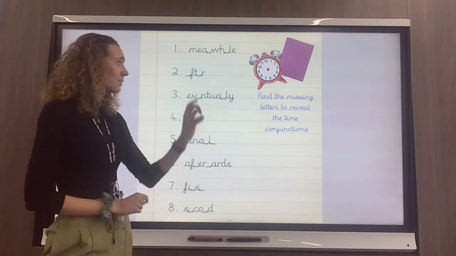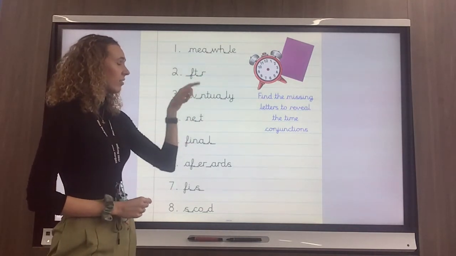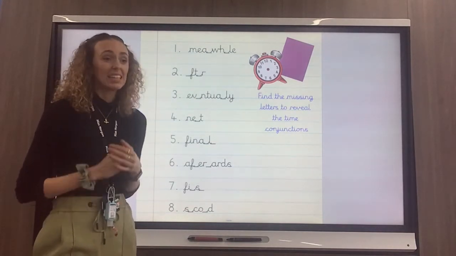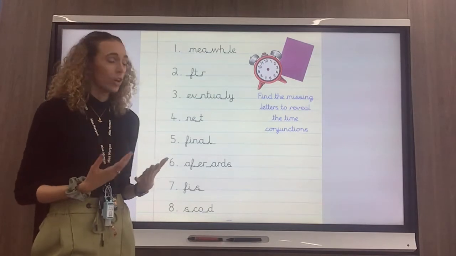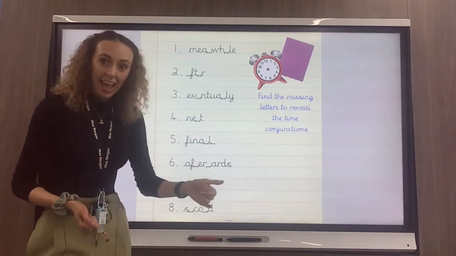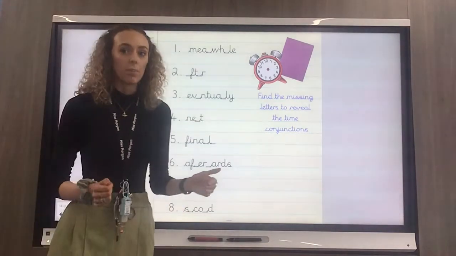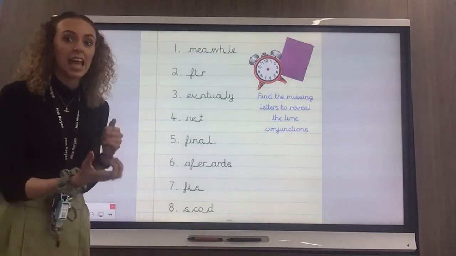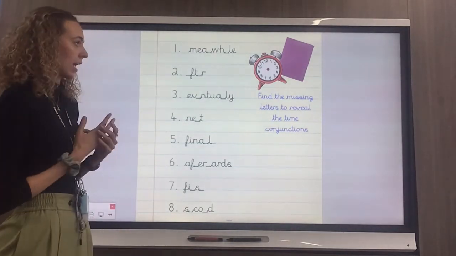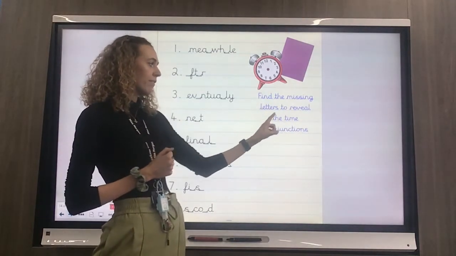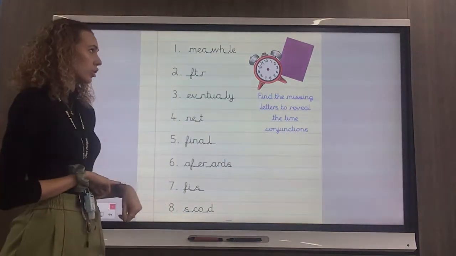Is my word going to say table? No, table doesn't tell us when. Could one of my words say next? Yes, because that is telling me when I'm going to do something or when the character in a story is going to do something. Our task is to find the missing letters to reveal the time conjunctions.